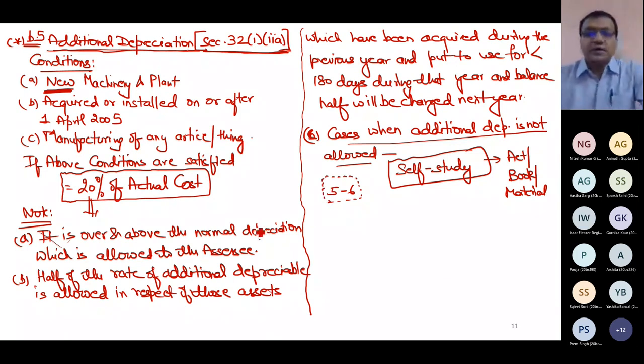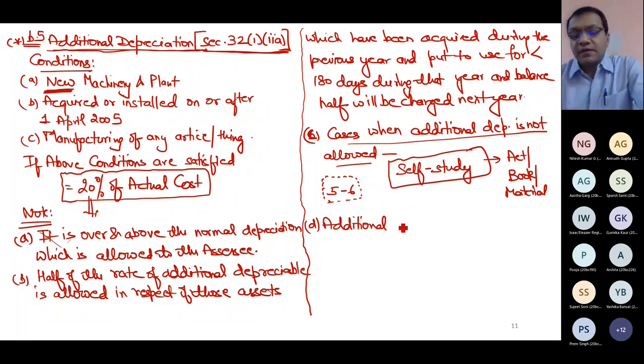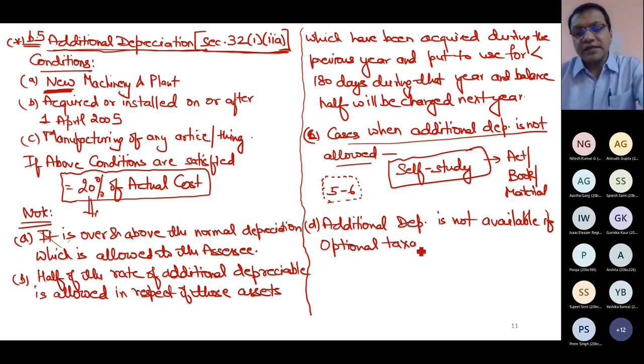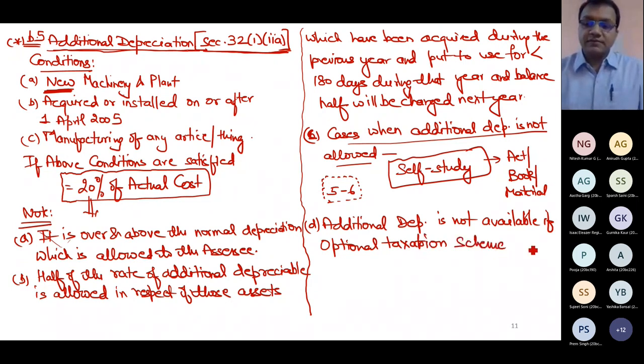And the last point: additional depreciation is not allowed if the optional taxation scheme is adopted by the assessee. Do you remember this section?